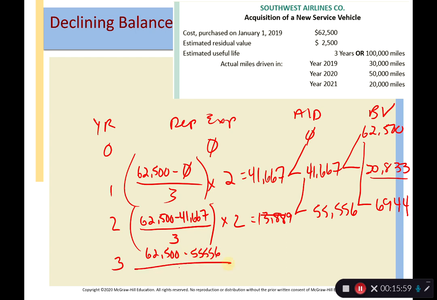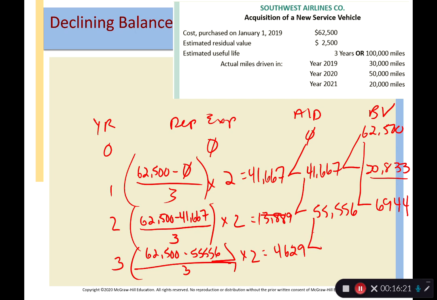55,556 divided by 3 times 2. That gets me 4,629 rounded. Add that to the 55,556.